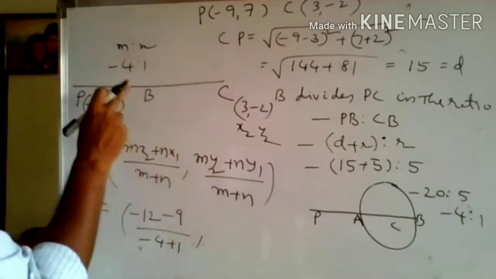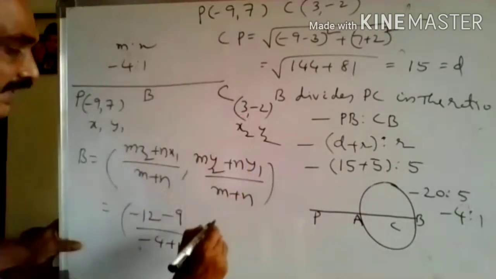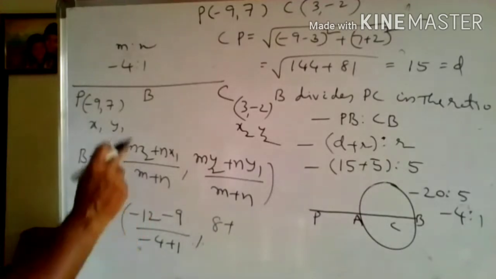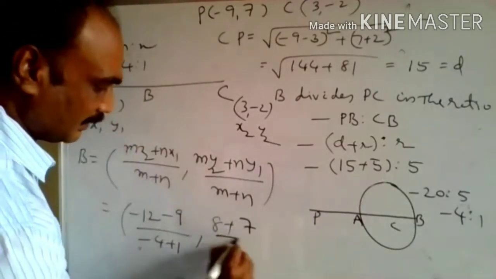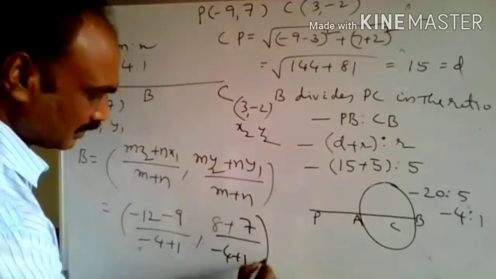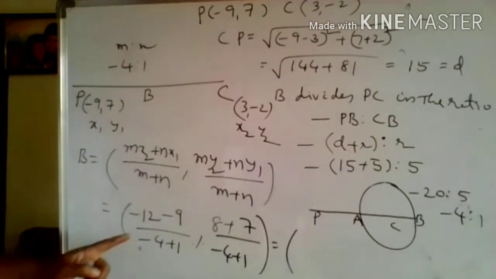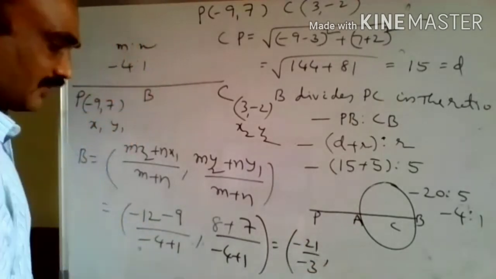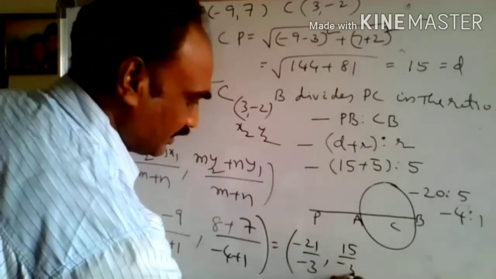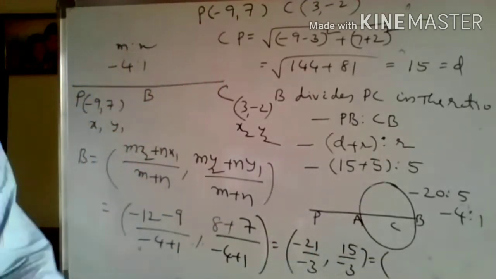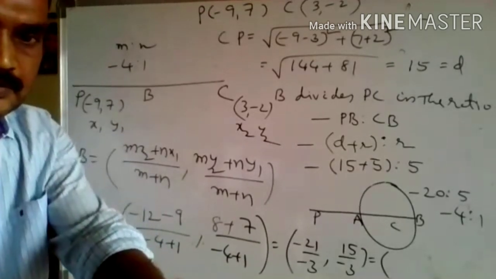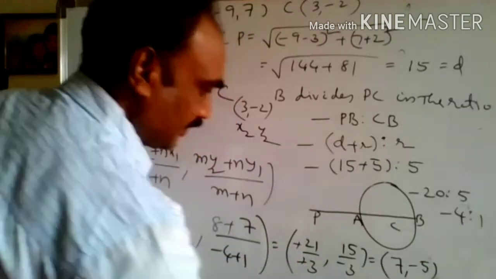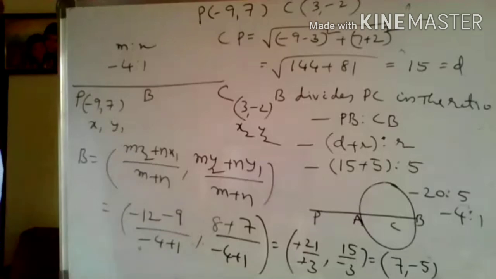And y: minus 4 into minus 2 is 8, plus 1 into 7, by minus 4 plus 1. That is minus 12 minus 9, minus 21, by minus 3, comma 8 plus 7, 15, by minus 3. Minus cancels, 3 sevens are 21, so the answer is 7 comma minus 5.